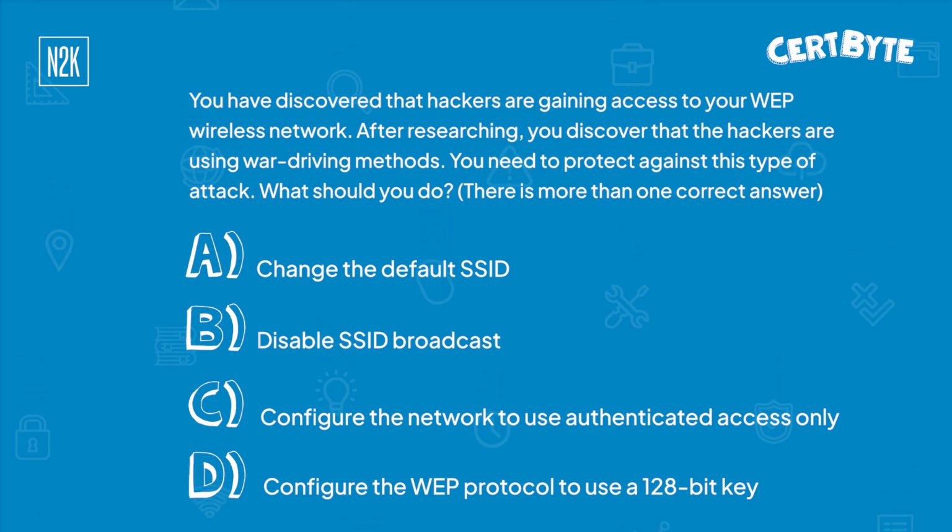War driving is when a hacker rides around in a car, that's where the driving comes from, and they use a high-powered antenna attached to a laptop to see if they can discover what wireless networks are in the area. Sometimes they'll go a step further and record information about the network, its security settings, whether it's an open network or not, and they sometimes share that information online with other hackers.